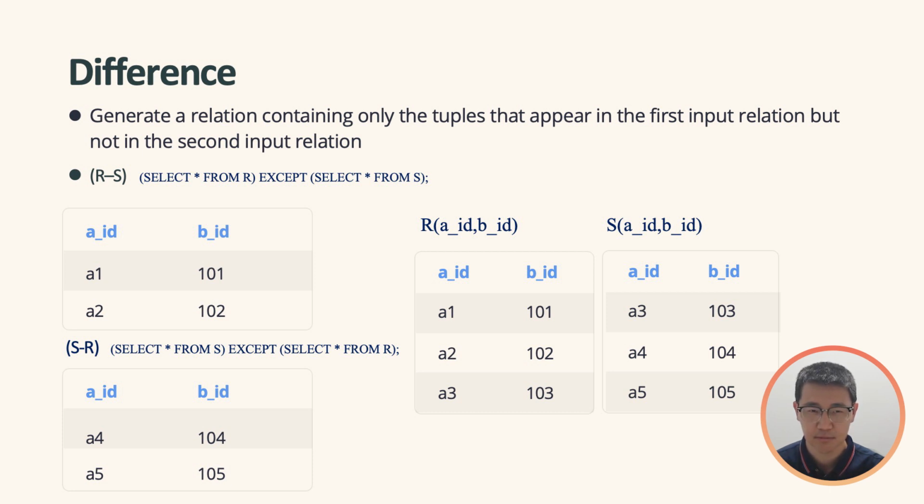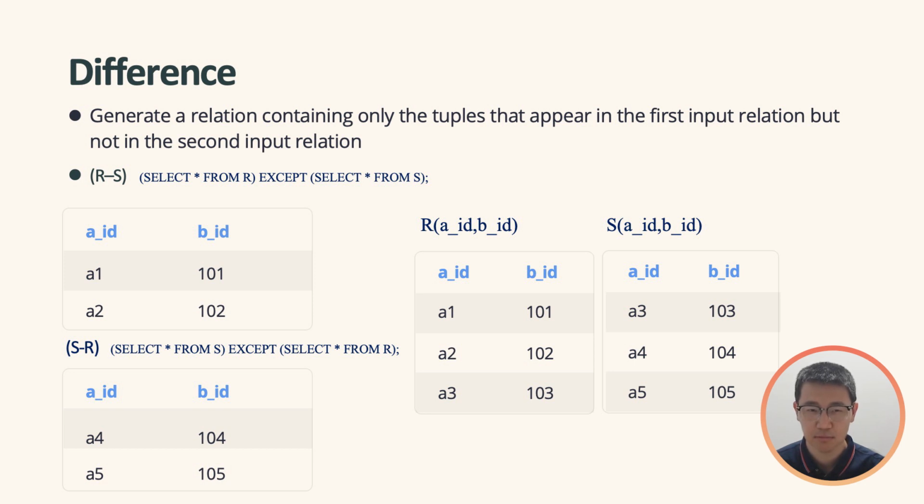Let's find an example. If A3 appears here, I'll remove it. Thus, the result would be A1 101, A2 102. Conversely, the operation changes. S minus R means the tuples that appear in S, but are removed if they also appear in R, forming another complementary relation.